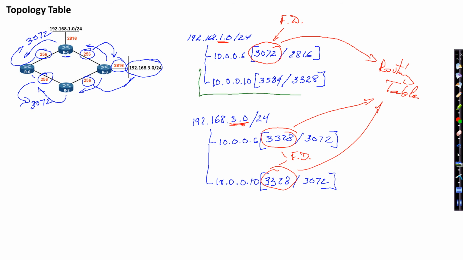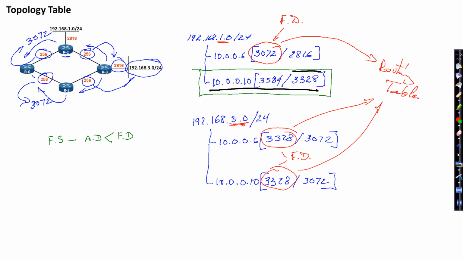Now, what about this path? Could that be our feasible successor or a backup route? But not so fast. For a path to become a feasible successor, there is a condition. And the condition is the advertised distance for that path must be less than the feasible distance of the best path. Let's re-examine this path.